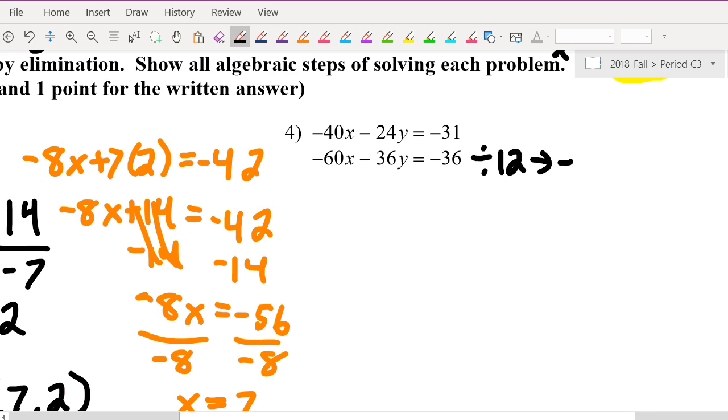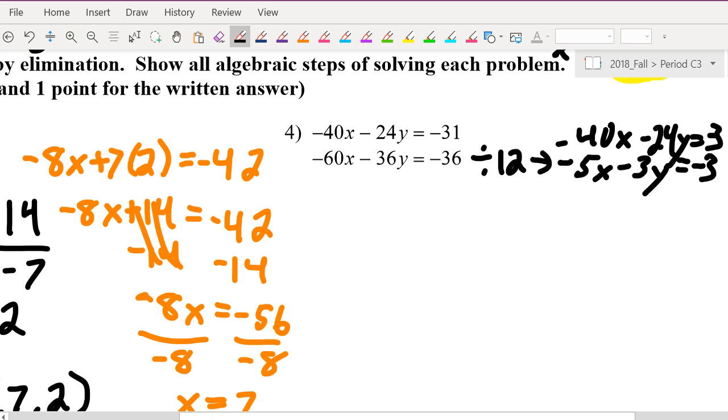Wait. The bottom one. Negative 5x minus 3y equals negative 3. Okay, cool. Now we've got negative 40x on top minus 24y equals negative 31. Okay, now what?